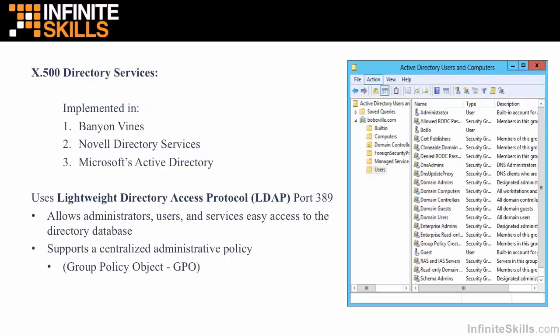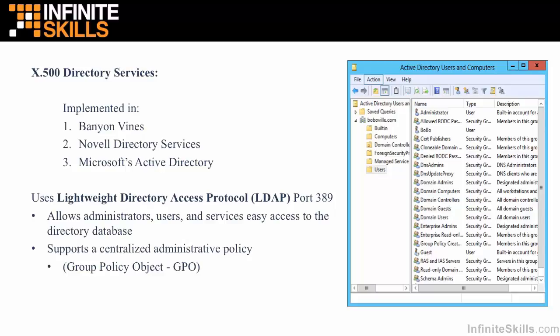This lesson continues with a look at X.500 directory services. Now, X.500 directory services is a model that was introduced by ITU-T, the International Telecommunications Union, Telecom Division, and it was first implemented in Banyan Vines. We're talking about late 1980s, early 1990s. Banyan Vines was the first network operating system that utilized this model as their structure, their foundation for their network operating system.